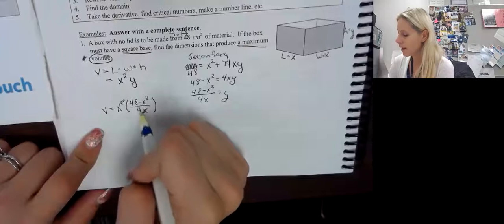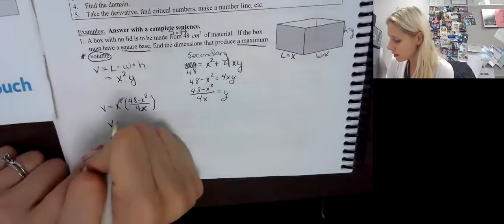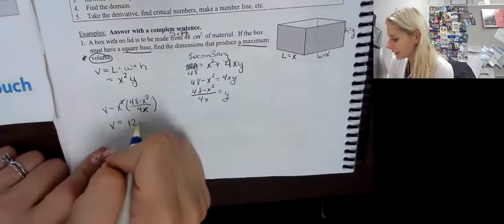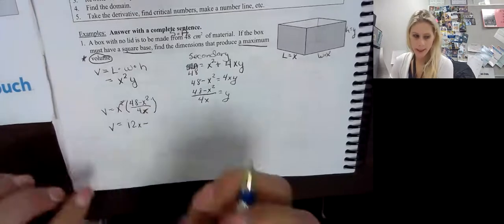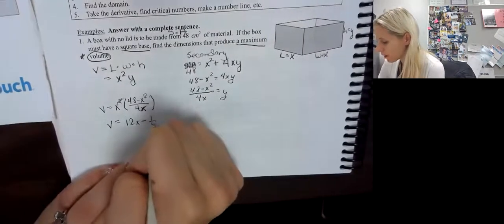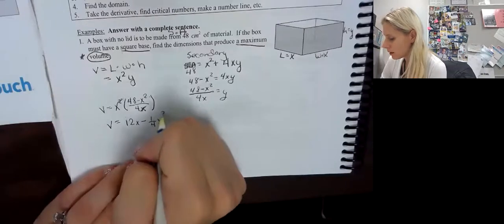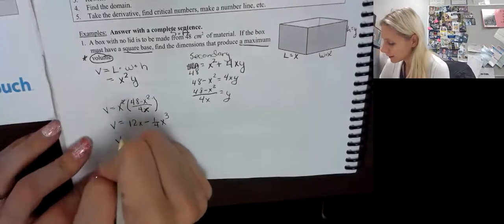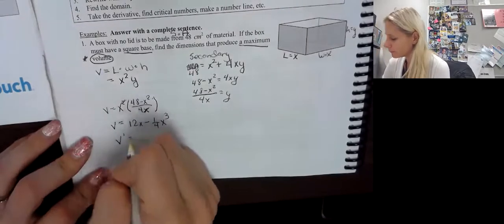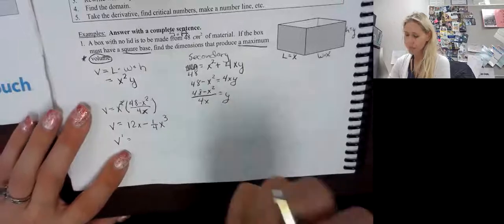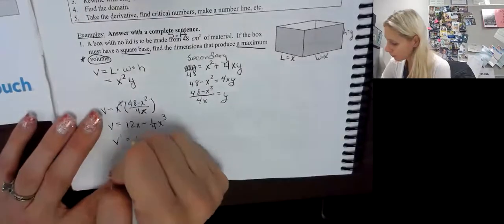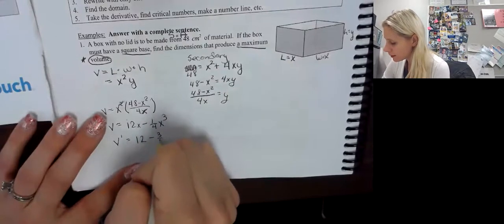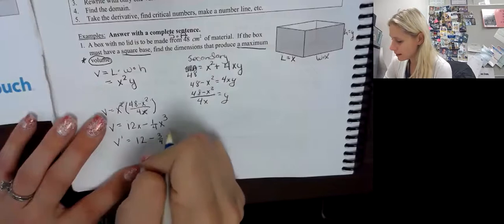And then we can divide both of these by 4. So I get 12x minus 1/4 x cubed. Now it looks a little bit easier to take the derivative. Take the derivative. That would be 12 minus 3/4 x squared.